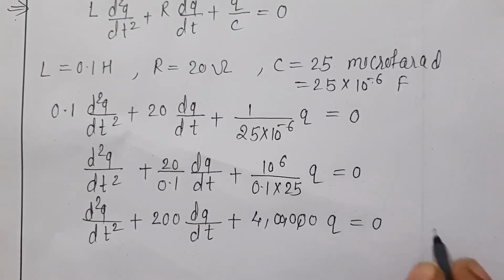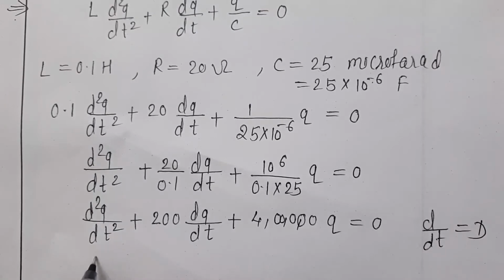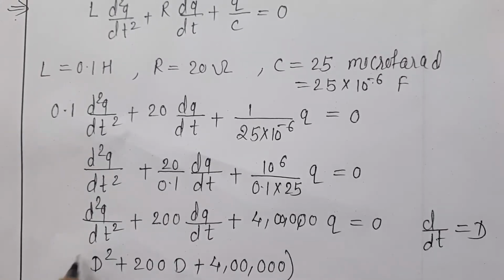Now write d by dt as D. So this differential equation becomes D square plus 200 D plus 4 lakh multiplied by q is equal to 0.